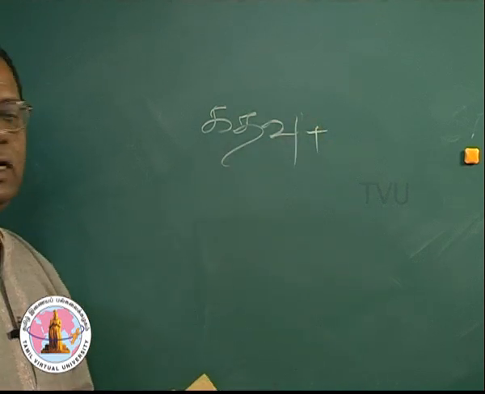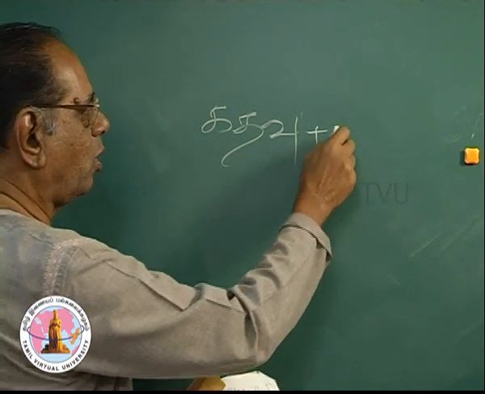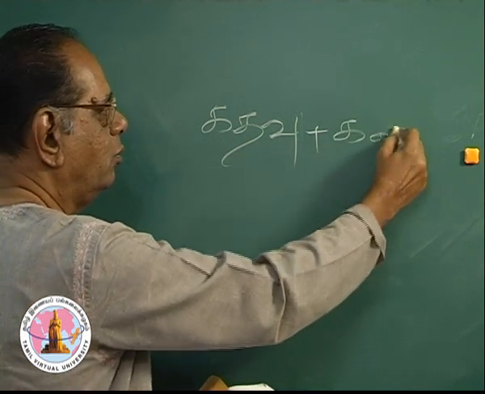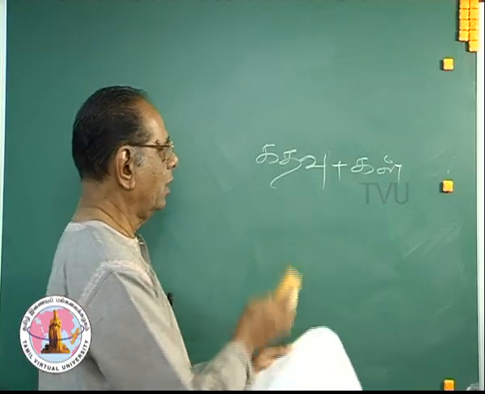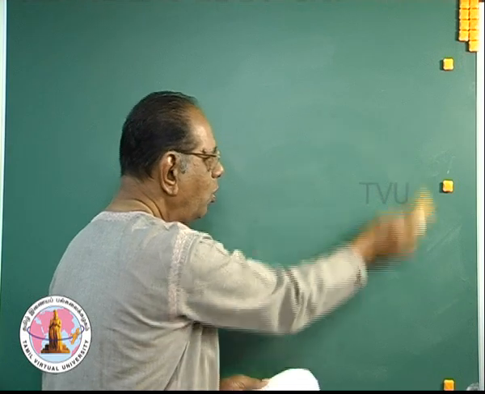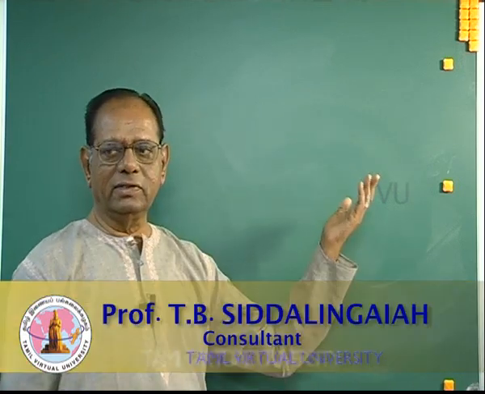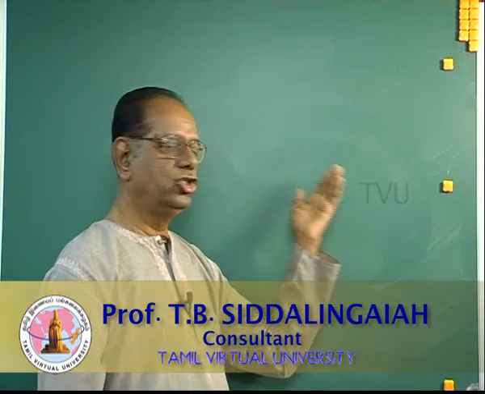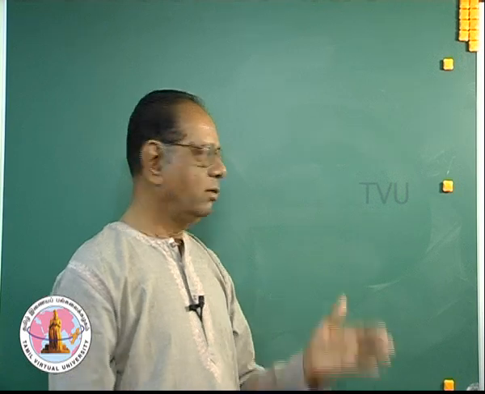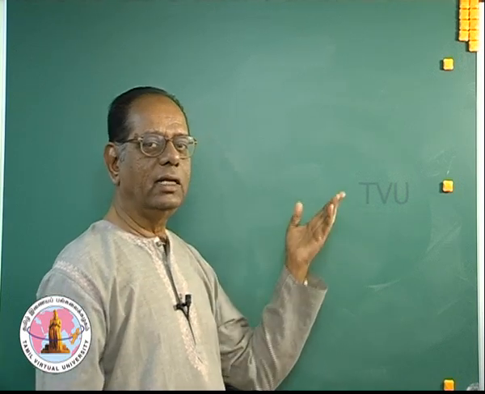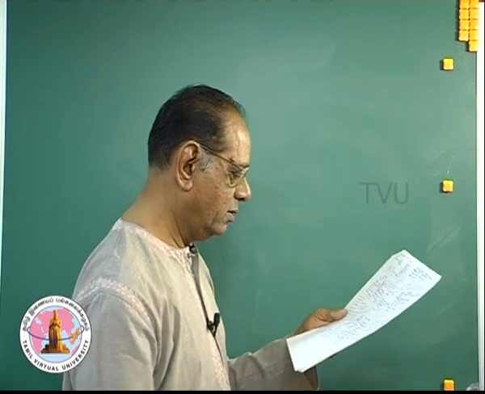Do you remember this? கதவு. A door. கதவு plus கள், கதவுகள். So in all these combinations, the suffix கள் merged with the word without any difficulty. There was no change either in the form or in the pronunciation.